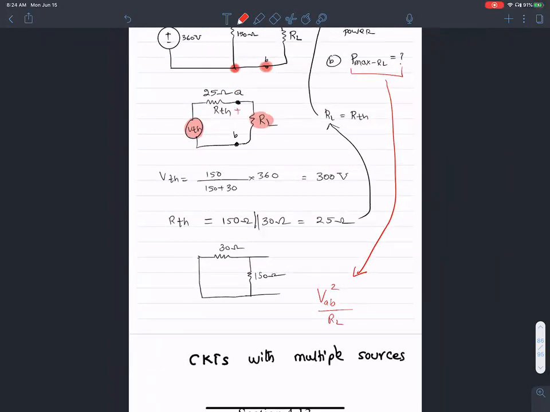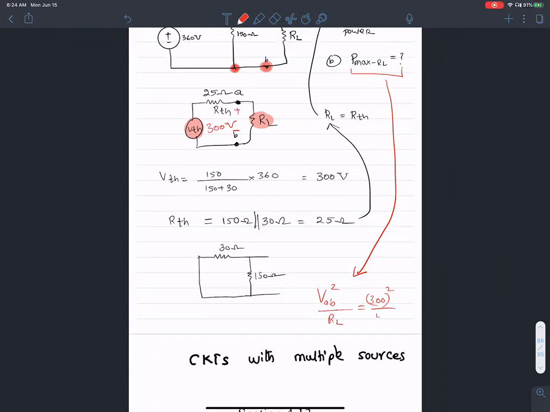But we found that the voltage across this guy, VTH, is 300 volts. So that's 300 volts squared over 4 RL.